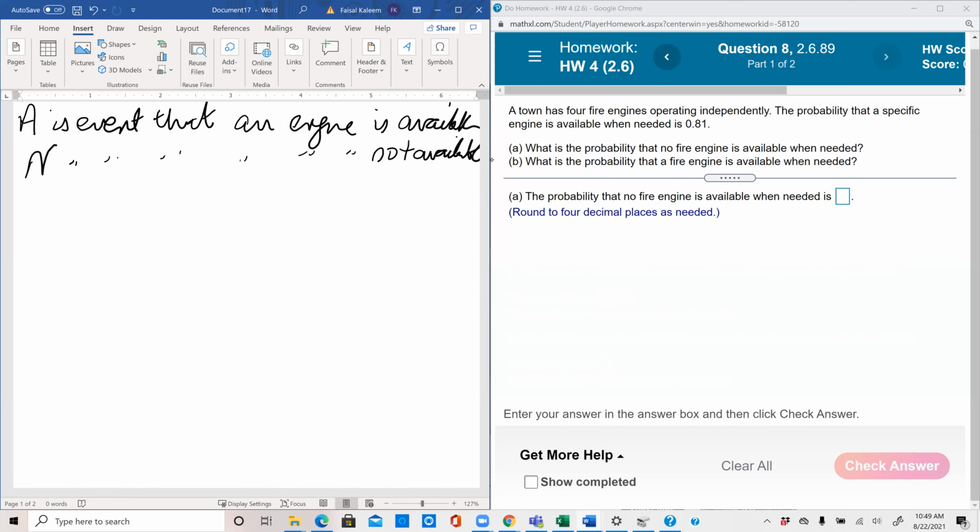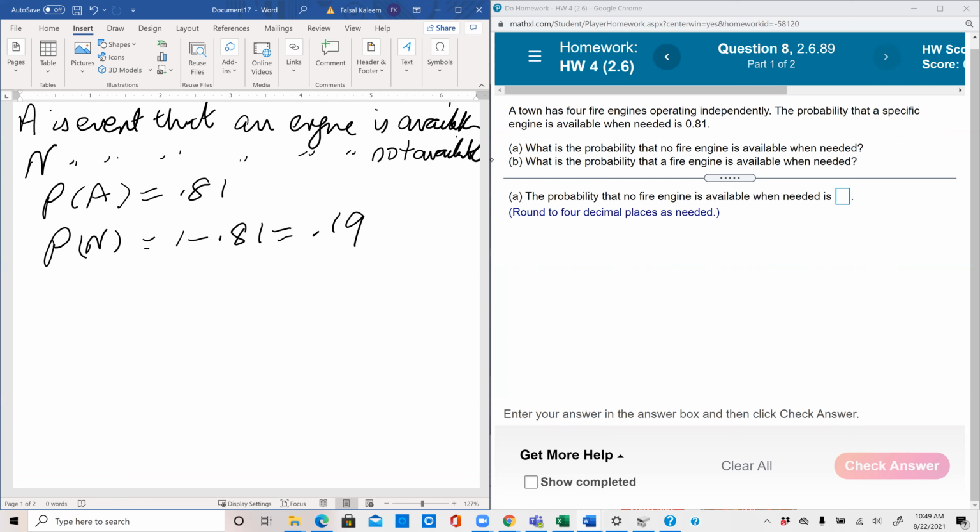We're given that P of A is 0.81. So P of N is 1 minus 0.81, because being available and not available are complementary events. That's 0.19.